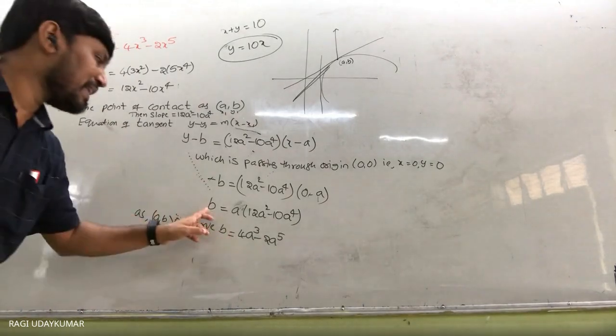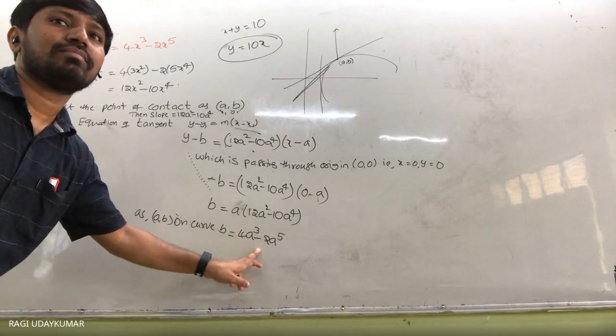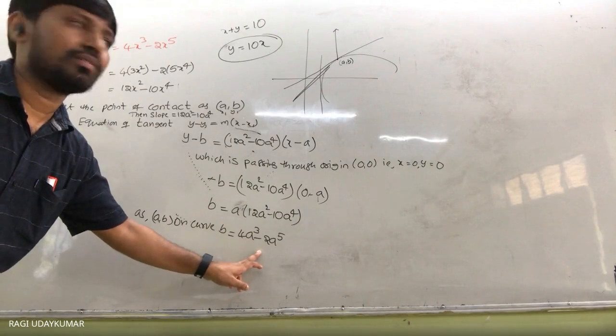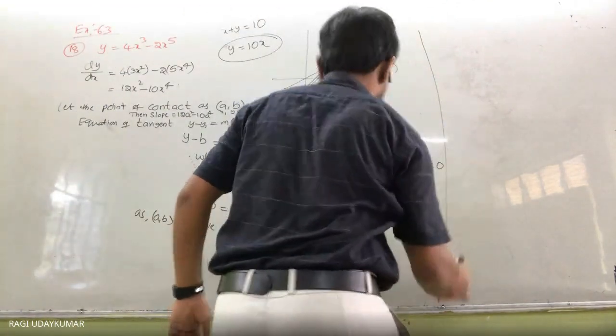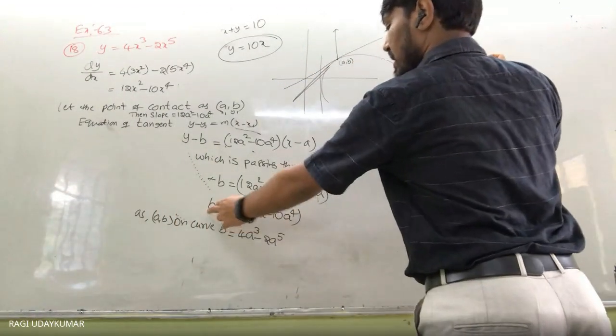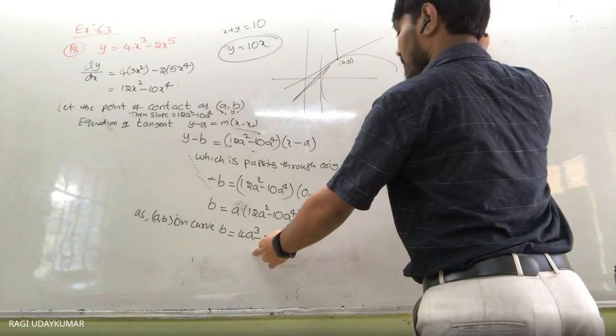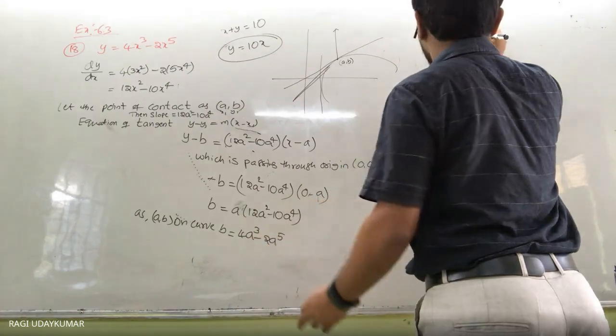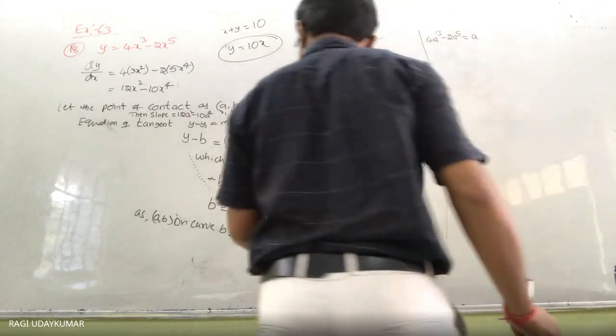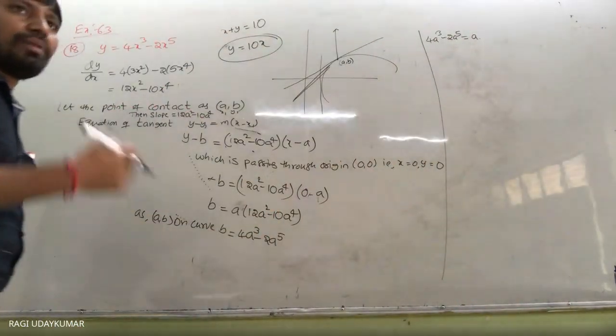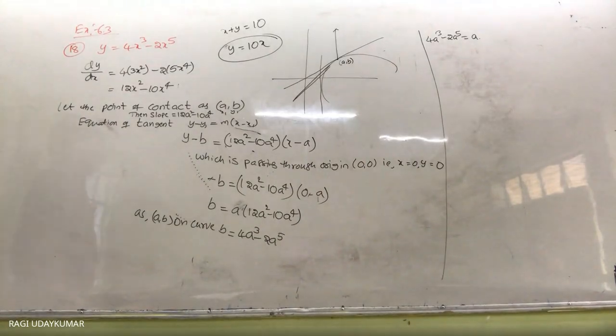So in place of b, I substitute this. Can I substitute? In place of b, substitute this. 4a cube minus 2a power 5 is equal to a into... from this, we can take the common.